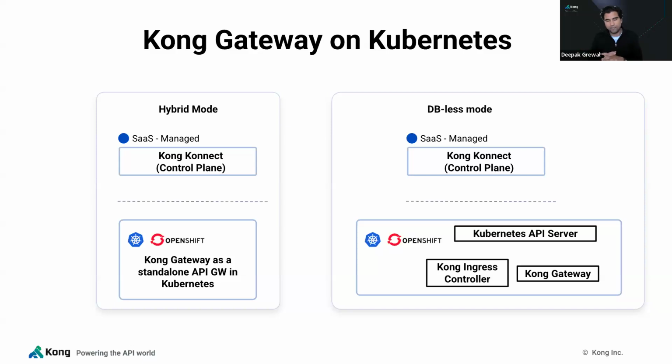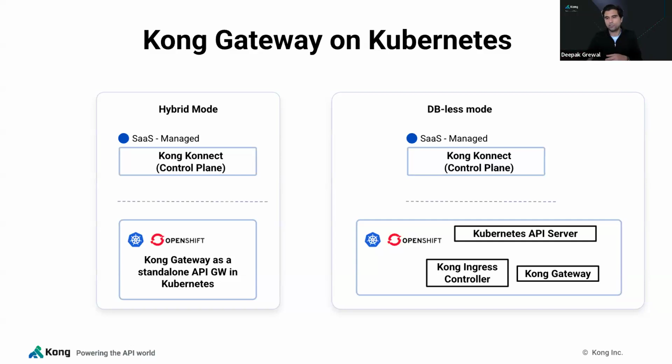The other way of deploying Kong gateways on Kubernetes is what we call the DB-less mode, where you would deploy the Ingress controller as well, which then spawns a Kong gateway, and all the configuration is then natively managed in a Kubernetes way.